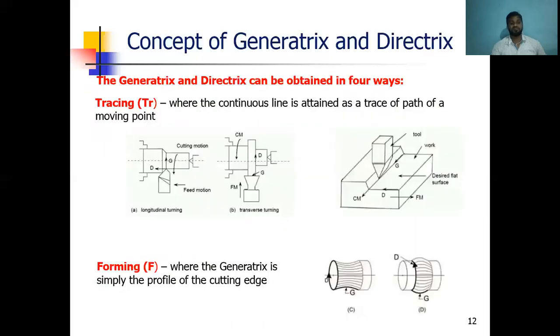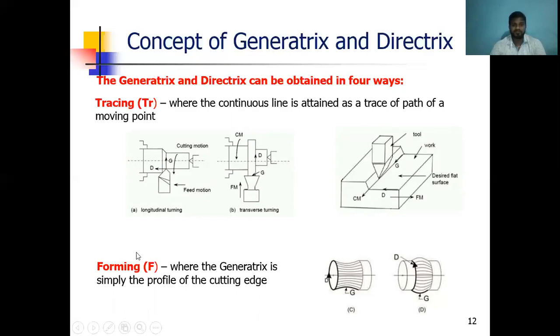Coming to tracing, where a continuous line is attained as a trace of the path of a moving point, that is tracing. The tracing operation is observed here. The diagrams indicate feed motion and cutting motion.